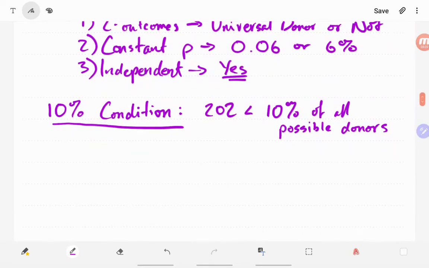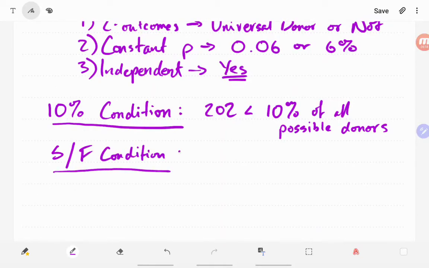And the last condition that we need to check is the success-failure condition. The success-failure condition states that we need to have at least 10 expected successes and at least 10 expected failures. To check this, we say np needs to be greater than or equal to 10, and nq needs to be greater than or equal to 10.